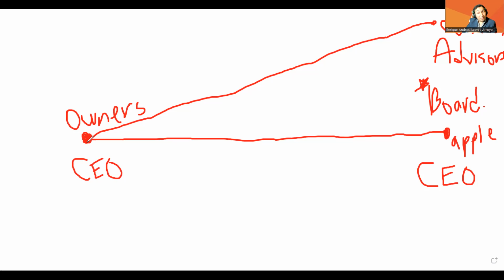But the larger the company, as you're watching here, the greater the structure difference between the owners and who is actually making the decisions on how to run the company. So we have a huge risk in here, and that's what I'm hoping that you understand.